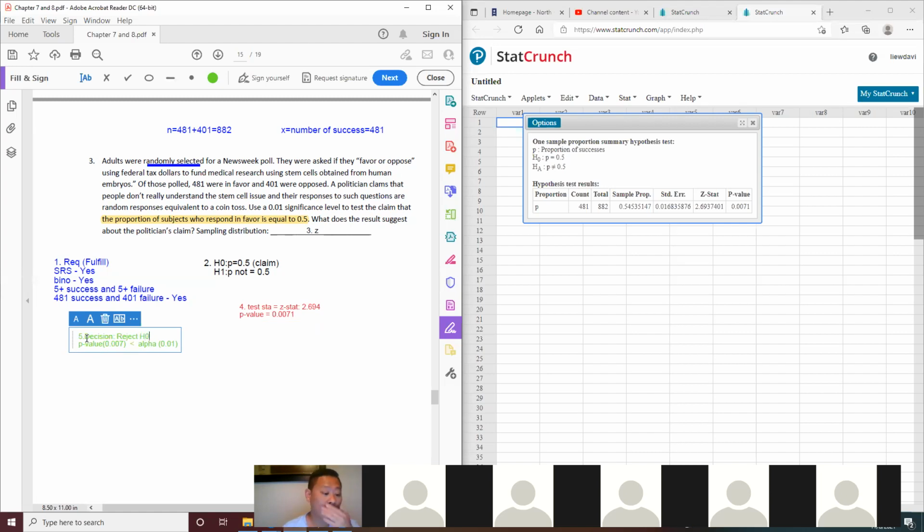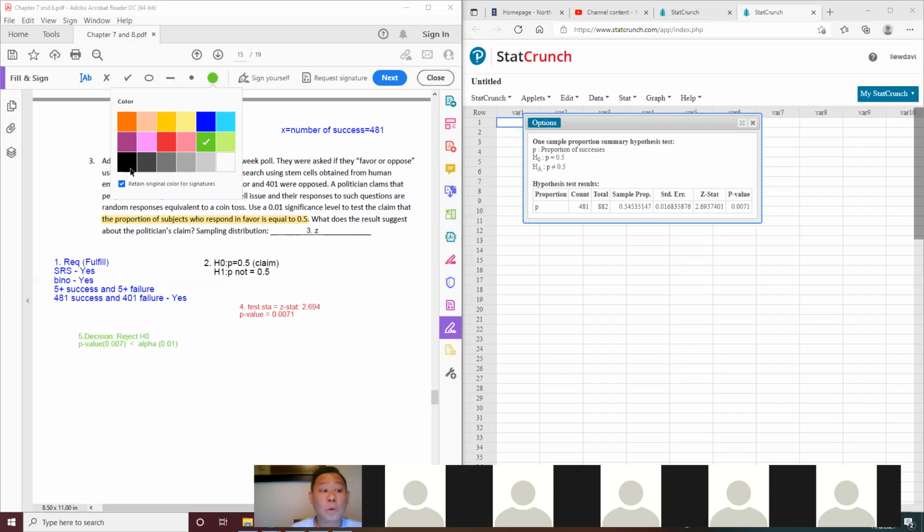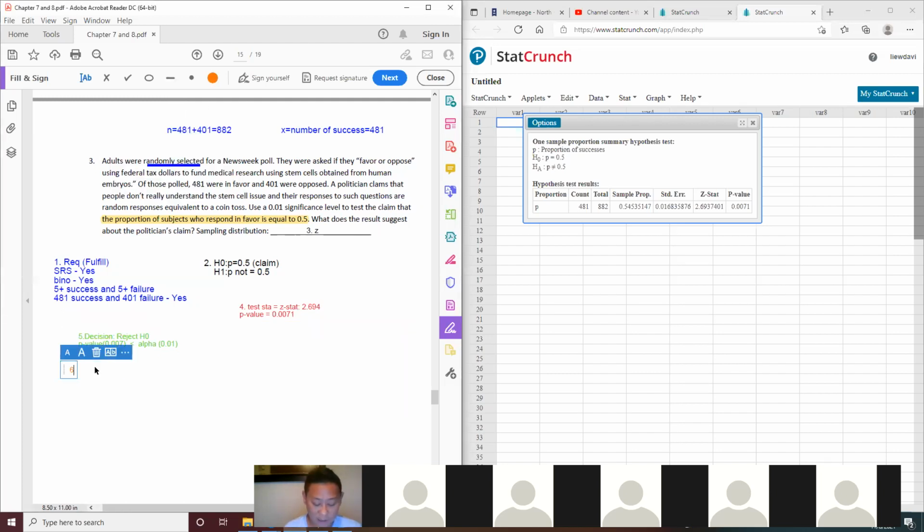Yeah. So now we do the conclusion here. For your conclusion, number 6, you need to figure out if your claim has equality or no equality.